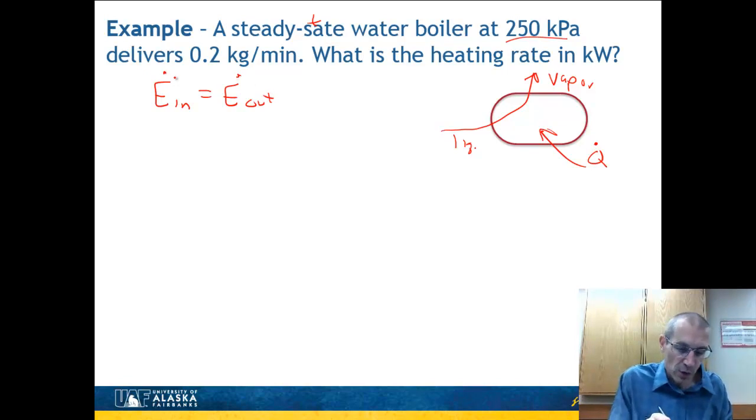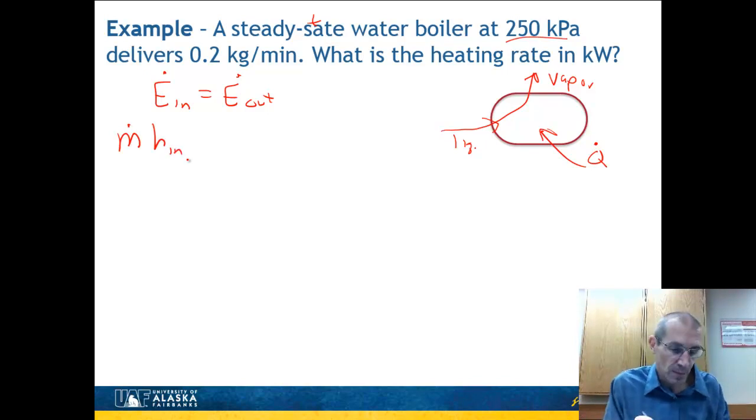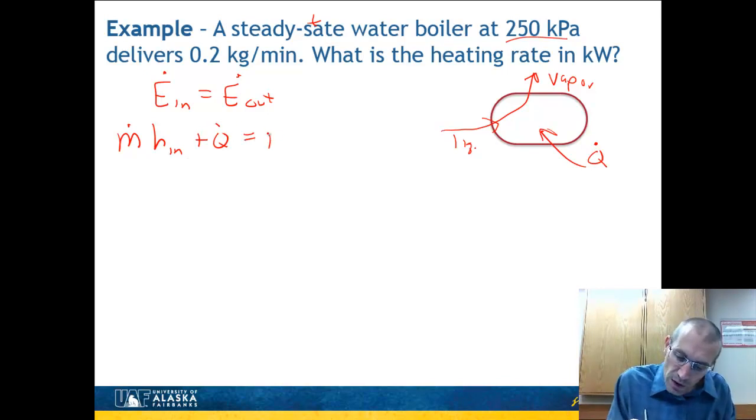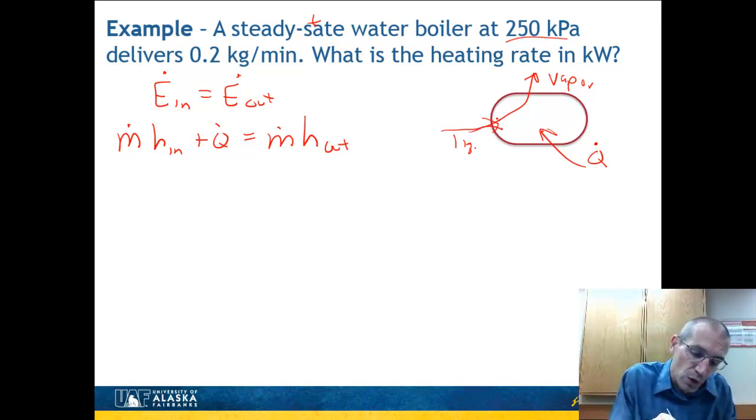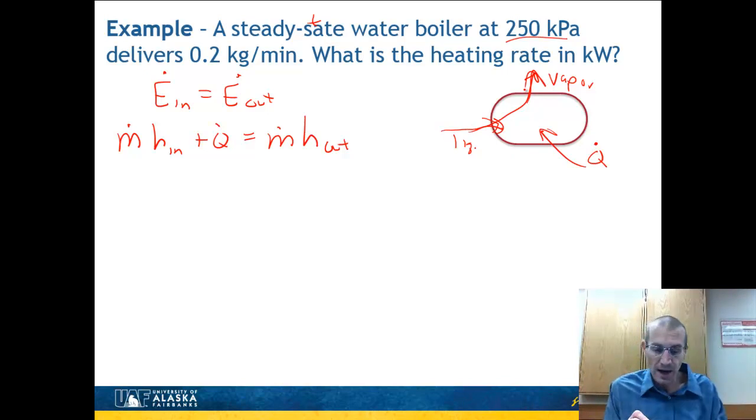And if I look at the arrows going into my system, I've got my mass flow rate coming in times the enthalpy coming in, plus this Q dot, and that's going to be equal to the mass flow rate that's leaving times the enthalpy that's going out. Now, again, I'm using h here because this material is crossing the boundary. It crosses it to get in, and then it crosses it to get out.